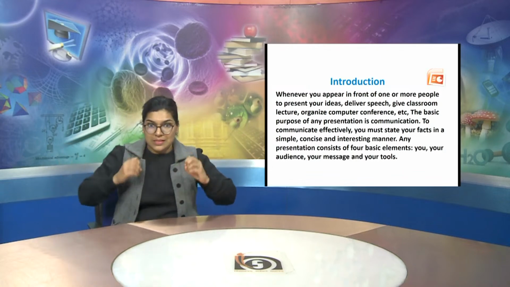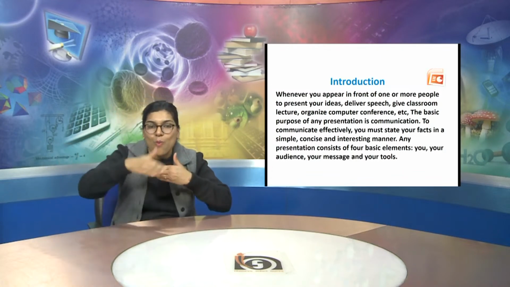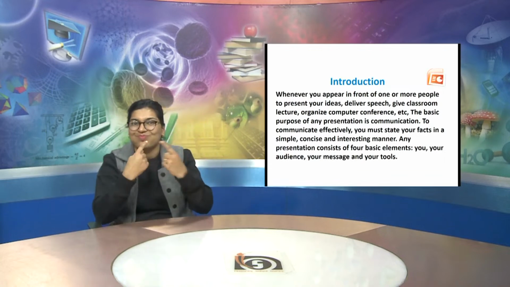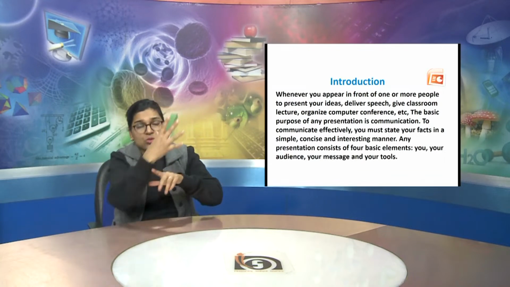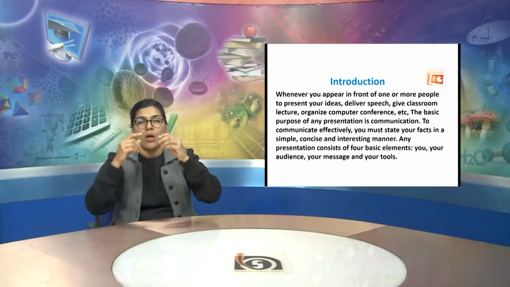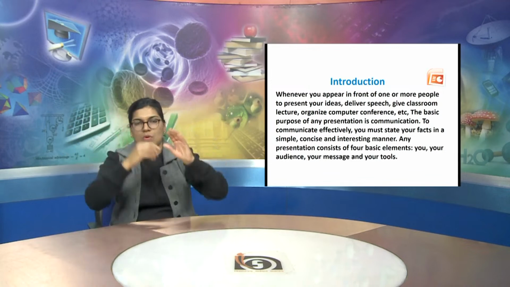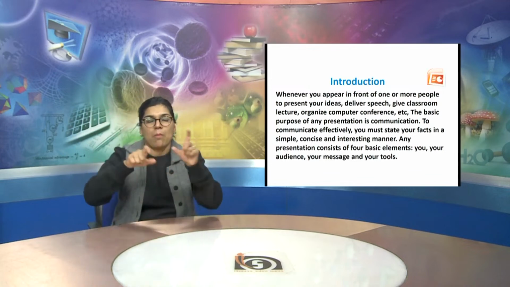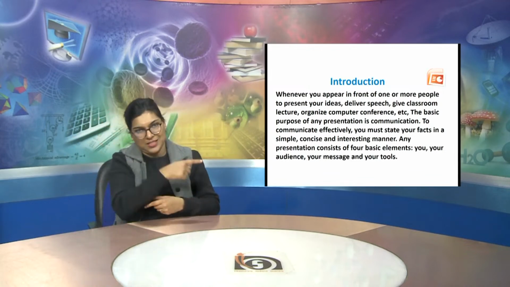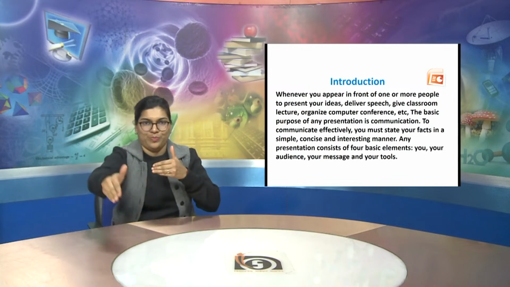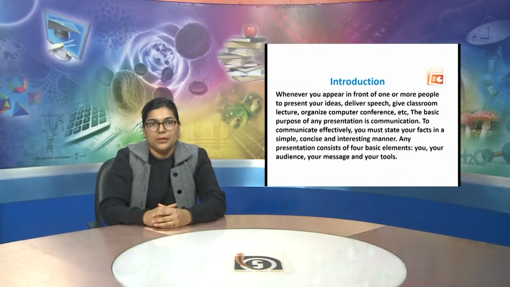So the first important thing is the person who has to present. And then the second important thing is your audience, to whom we are presenting ourselves, because they are kind of listeners. And the third is our message, and then our tools.